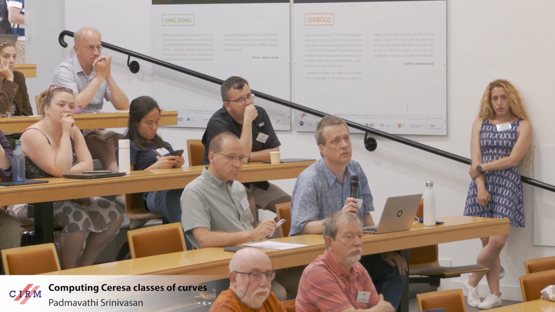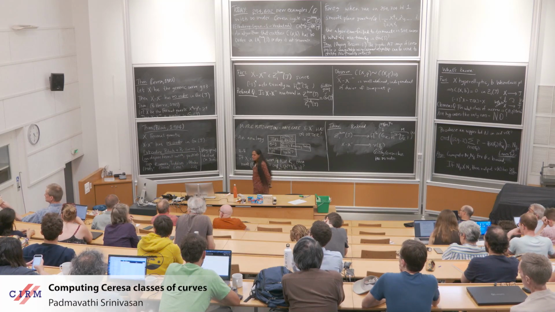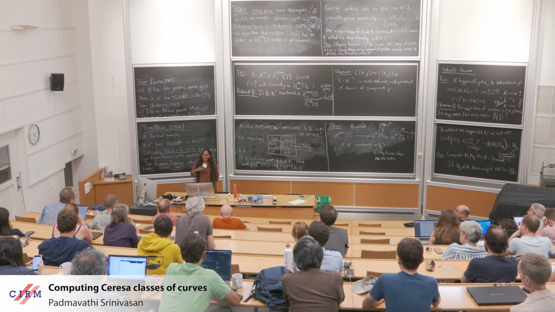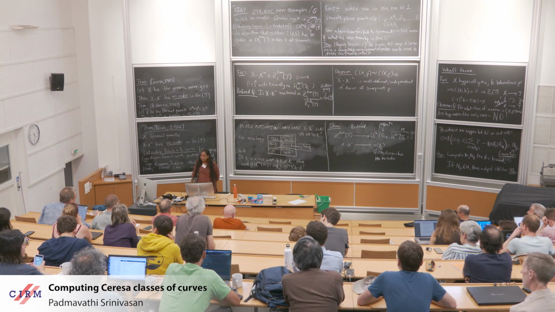Whether the Ceresa class is torsion, yes. But was it zero or not? You can't make base extensions there. Maybe you have something that's torsion that becomes zero. Whether it's infinite order or not is something that you can study after making base extensions.